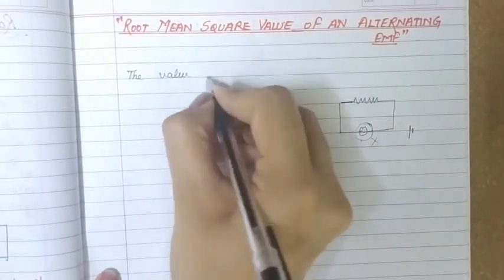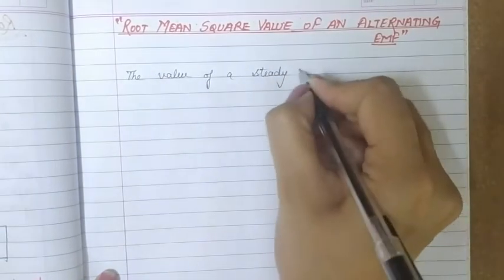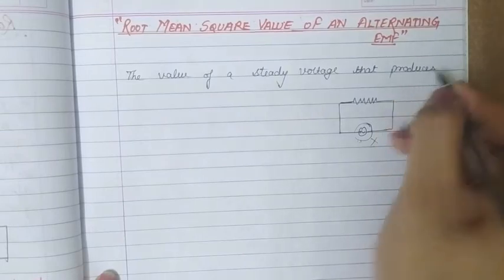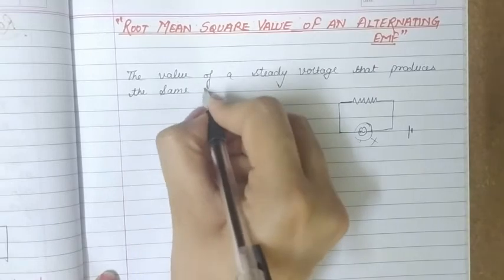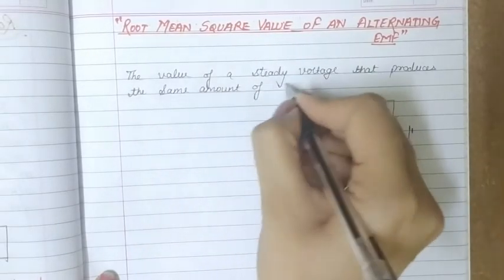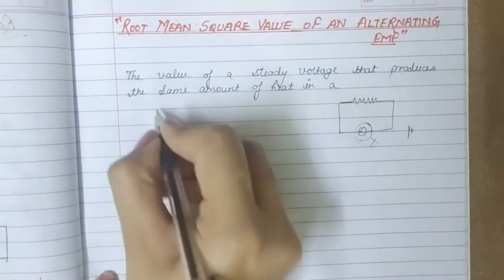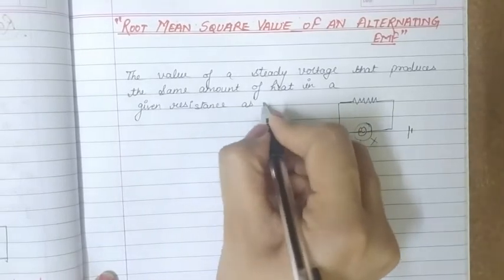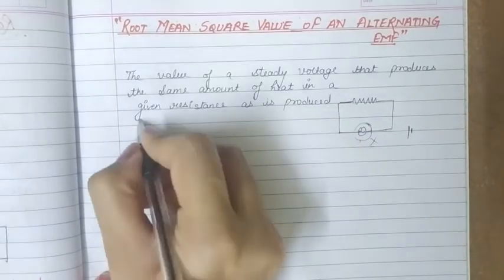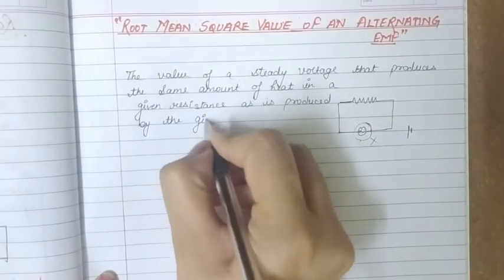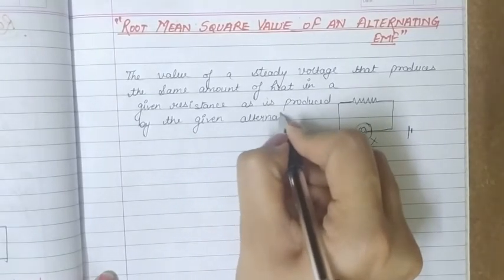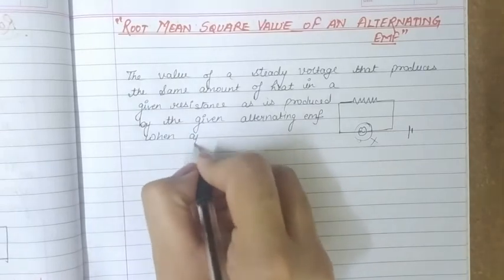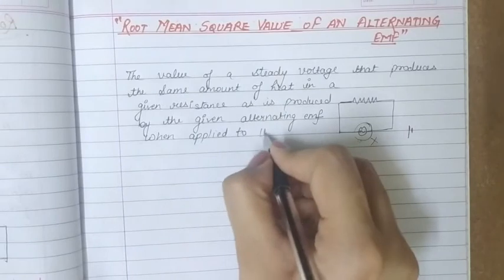So we can define this root mean square value as the value of a steady voltage that produces the same amount of heat in a given resistance as is produced by the given alternating EMF when applied to the same resistance for the same time.